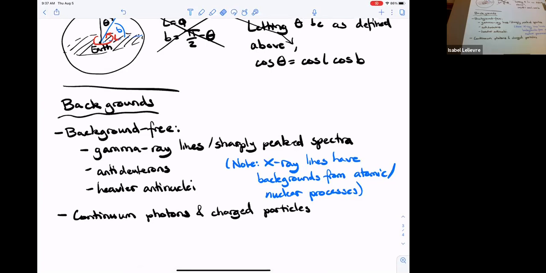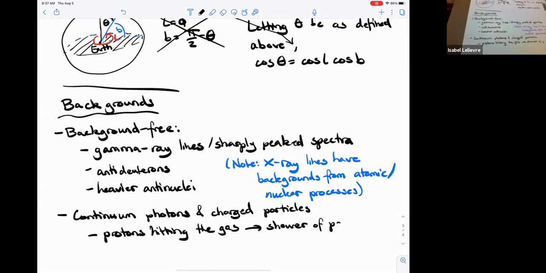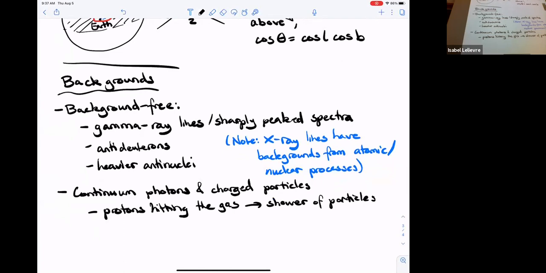So this gets contributions from protons hitting the gas. There can be a large background associated with the gas in the Milky Way because it's continually being illuminated by cosmic rays.